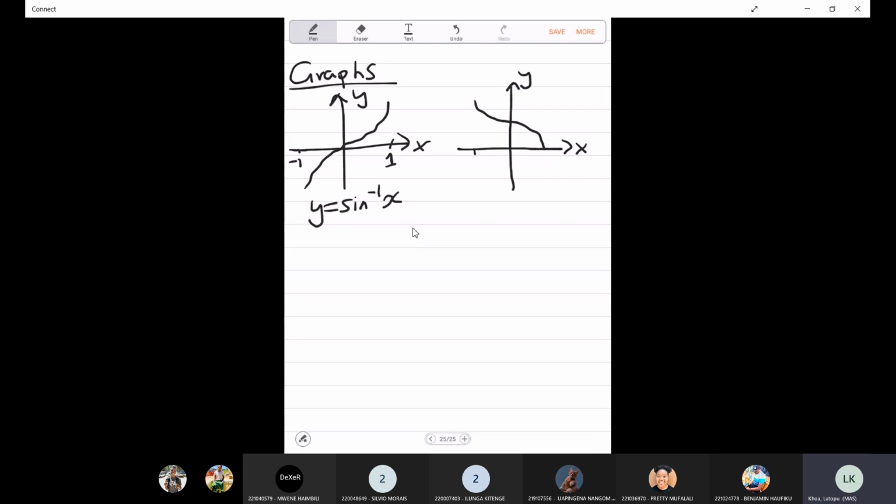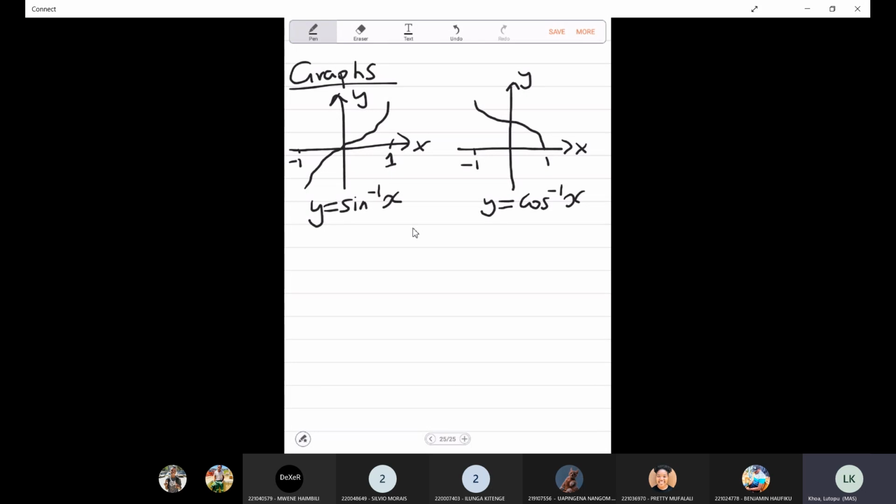This is minus 1, and that is 1. This is the graph of y is equal to cos inverse of x. So again, remember, cos inverse and arc cos mean the same thing. It's just a different way of writing it. So in the book, they use arc a lot.